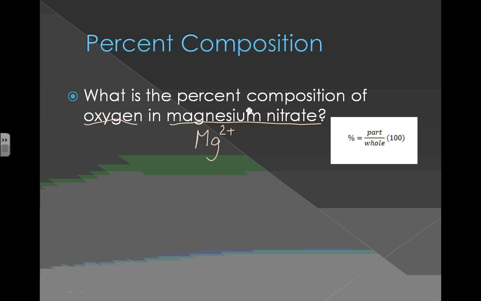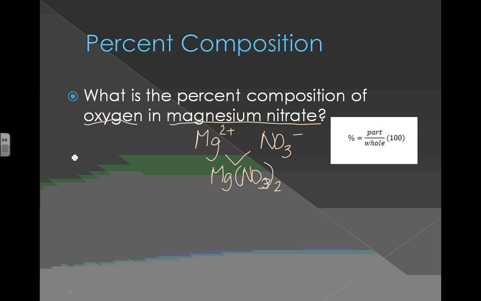This is a metal and a non-metal, so it's going to be an ionic compound. Nitrate, when you look at the back of your periodic table, is NO3 with a charge of -1. I need 2 nitrates to balance the charge of magnesium. So the formula is going to be magnesium plus 2 nitrates in parentheses, Mg(NO3)2. So this is the formula right here.